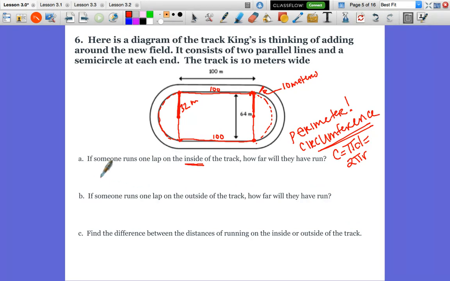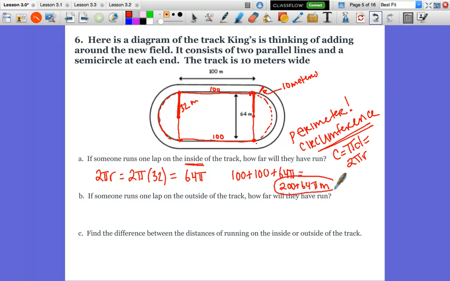So we're going to have 2 pi r is going to be 2 pi times 32, which is going to give us 64 pi. That's going to give you the entire, like both semicircles, right? If I divide it by 2, then I'd have 1 semicircle. So I really just need to do 100 plus 100 plus 64 pi. It's going to give me 200 plus 64 pi meters. And it's not squared, it's just a length, it's a distance.